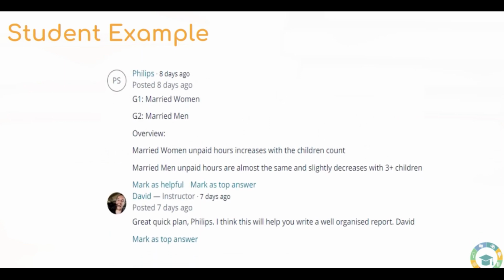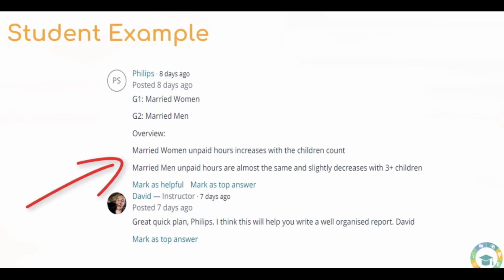Let's begin by taking a look at the top of this student's plan. So we have Group 1 married women, Group 2 married men. So I know that the data must include both married men and women. Overview: married women unpaid hours. Unpaid hours, I'm starting to think of work or employment.